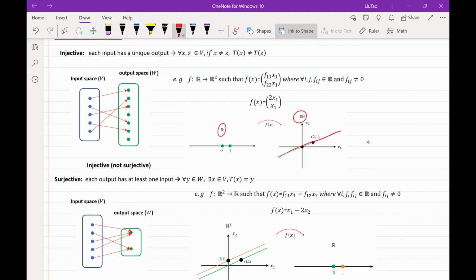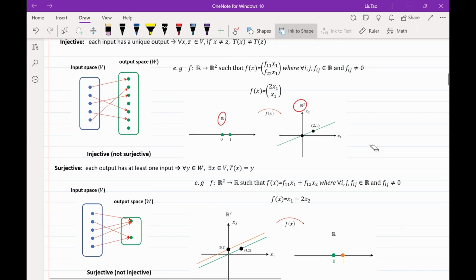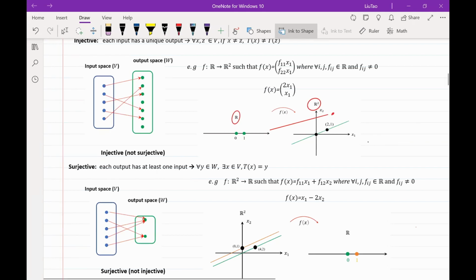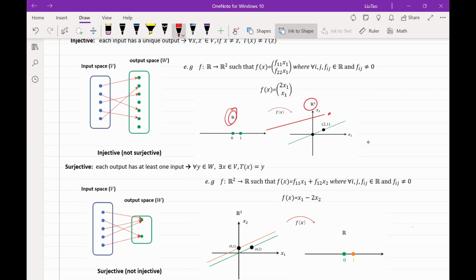So 1 will be mapped into this, and 0 will be mapped into 0 in R2 space. However, if we pick a random vector here, this one, for this specific vector you can't track it back, because this vector doesn't have an input from R space.